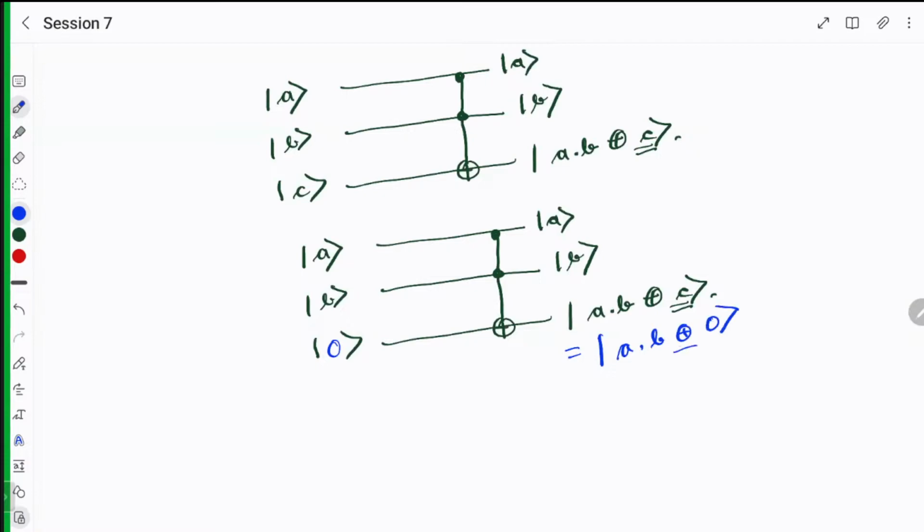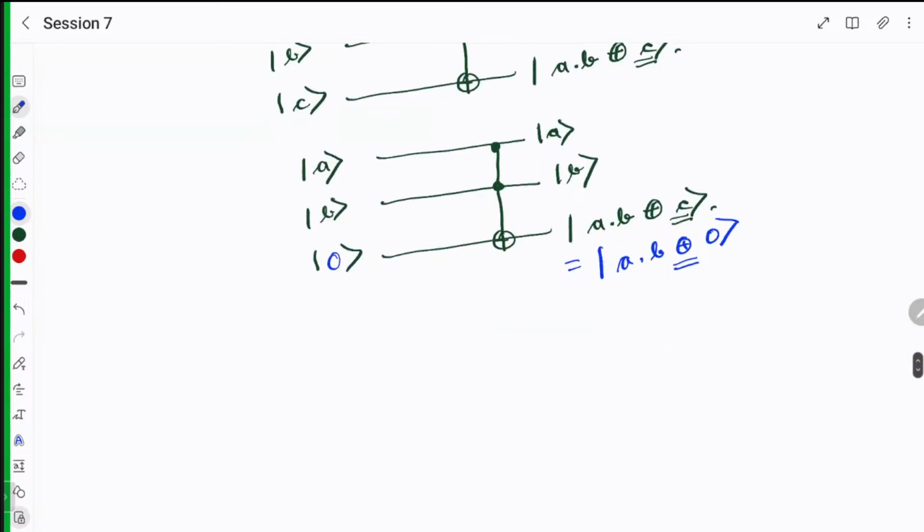And XOR, remember, is addition modulo 2, as we had discussed last time. So if you add 0 modulo 2 to anything, it will remain the same. So it will just be A and B. So you give A and B in the control qubits and 0 in the target qubit, and in the output of the target qubit, you will find A and B. So this is the quantum version of the AND gate.